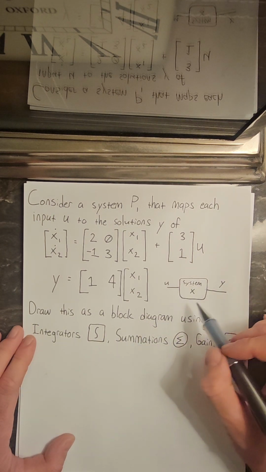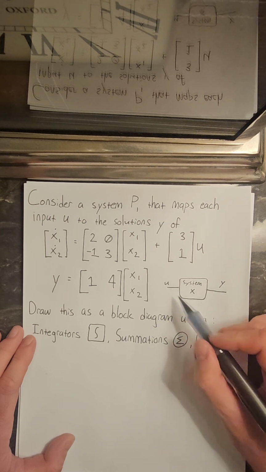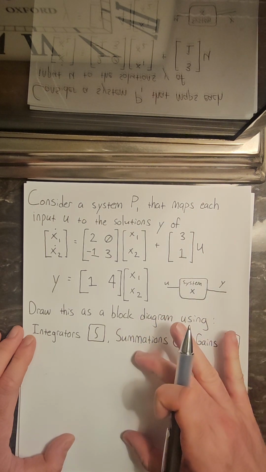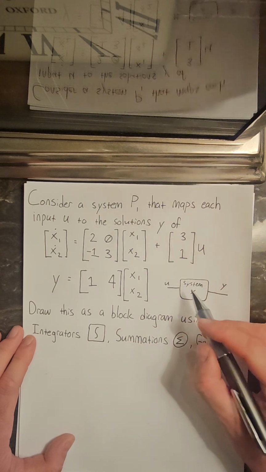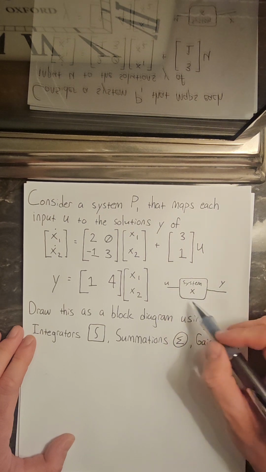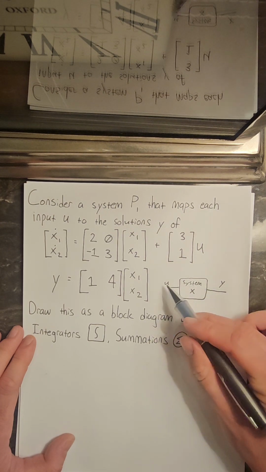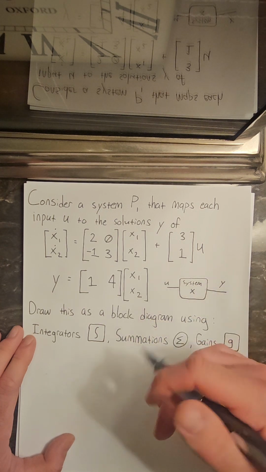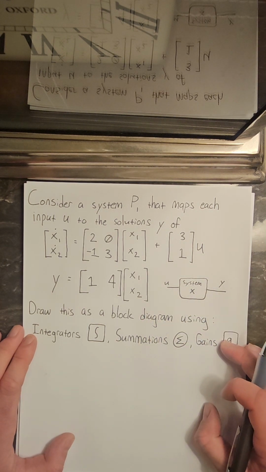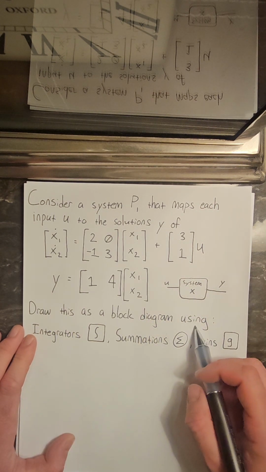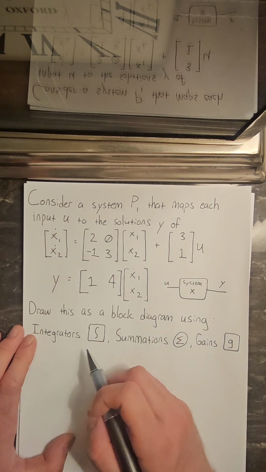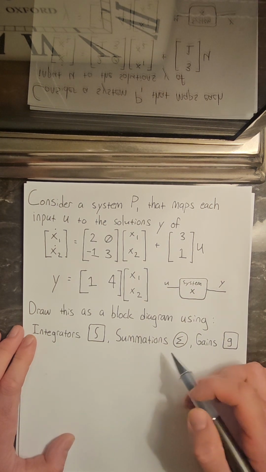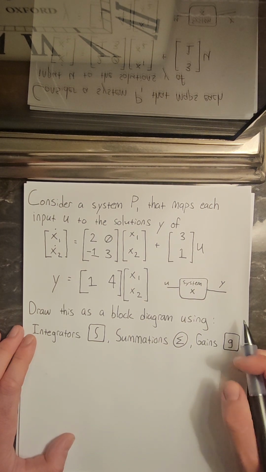So it's going to be like this guy right here, but a little bit more expanded. But it's the same thing. Keep in mind that it's still this little simple block diagram with an input and an output. We're just going to look at the mechanisms inside the internals. And so we're going to draw this as a block diagram using something called an integrator, summations, and gains. Okay.